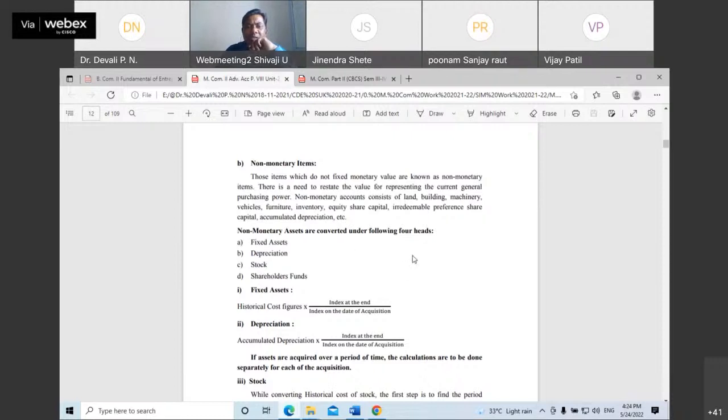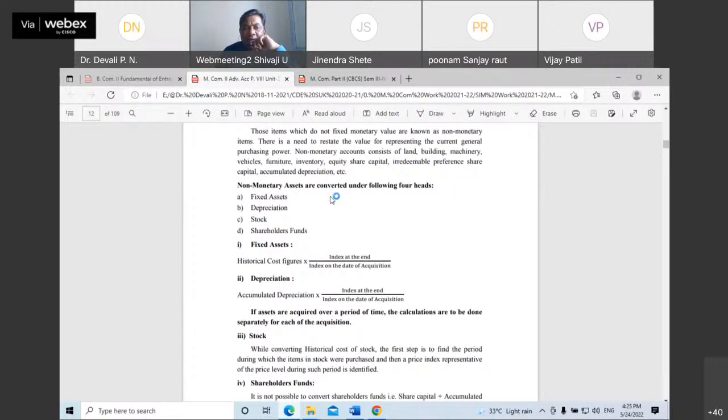These are mostly fixed assets, but sometimes inventory is also there to consider. Equity share capital, irredeemable preference capital, accumulated depreciation: these are nothing but non-monetary items. So you have to know which are the monetary items and which are the non-monetary items.